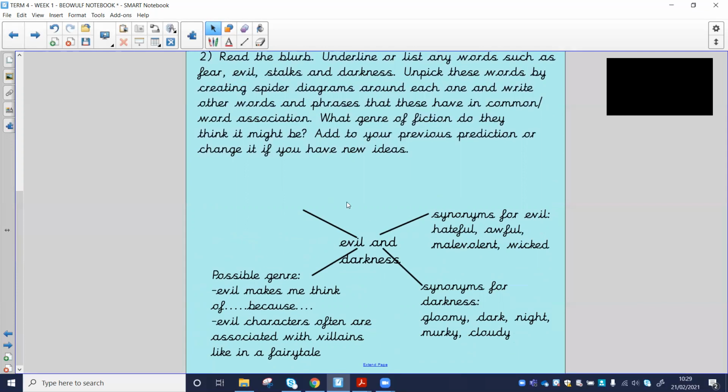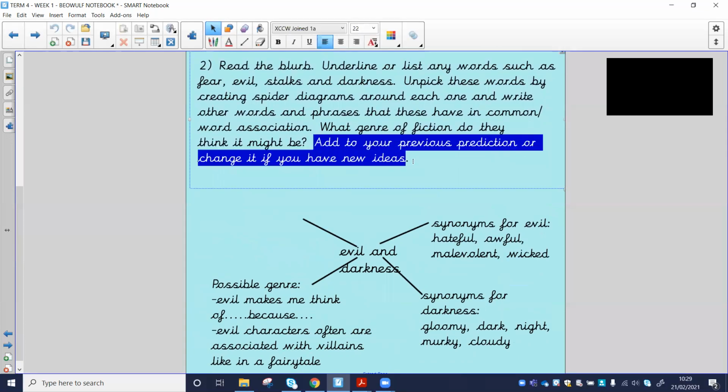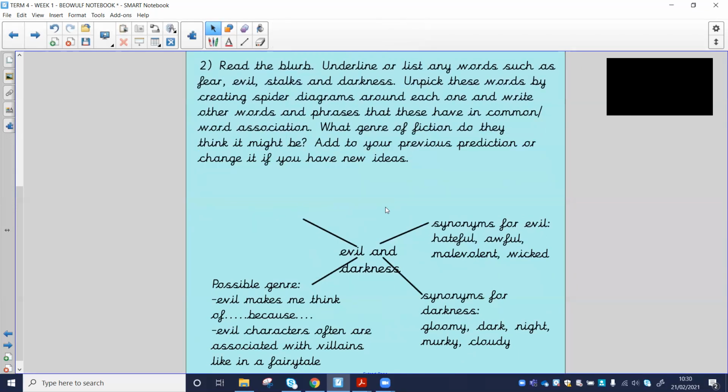But once you've had a little go at doing your spider diagram and you've unpicked those bits of vocabulary, I'd like you then, as it says here, to go back and add to your previous prediction that you did from the first slide. Or equally, you might change it completely if you've now completely changed your initial idea from your very first prediction.